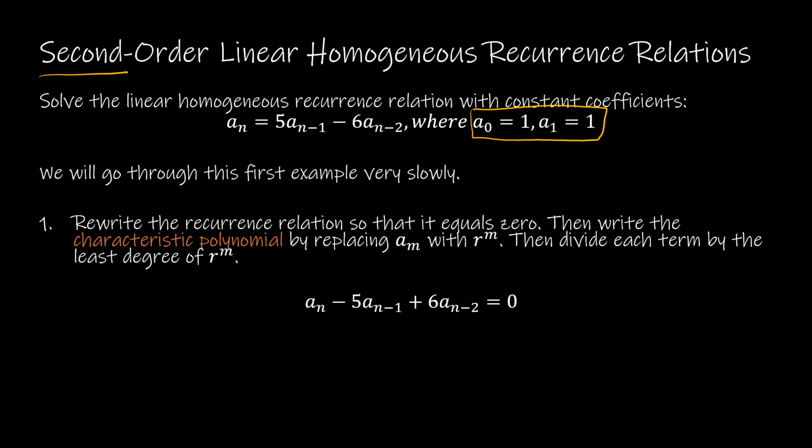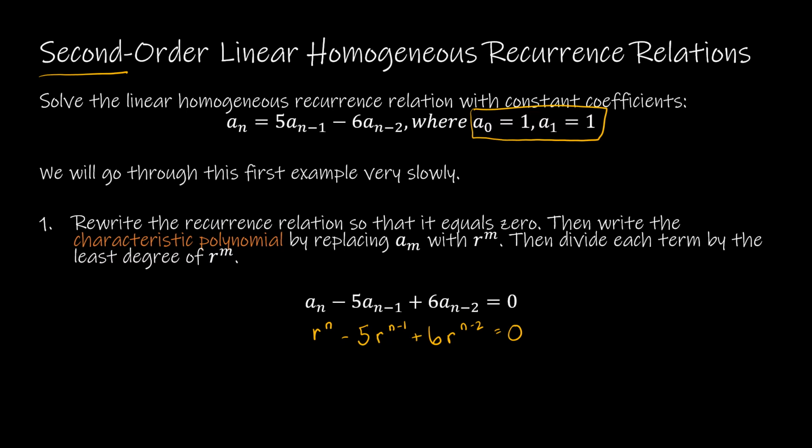Then we're going to replace any values that are initial terms with r to that same exponent. So a sub n becomes r to the n. 5a sub n minus 1 becomes 5r to the n minus 1. And 6a sub n minus 2 becomes 6r to the n minus 2.